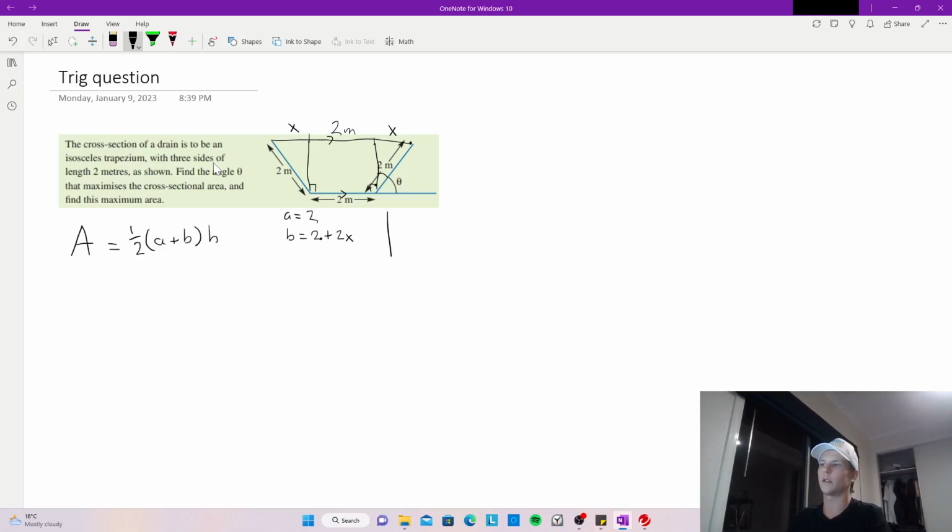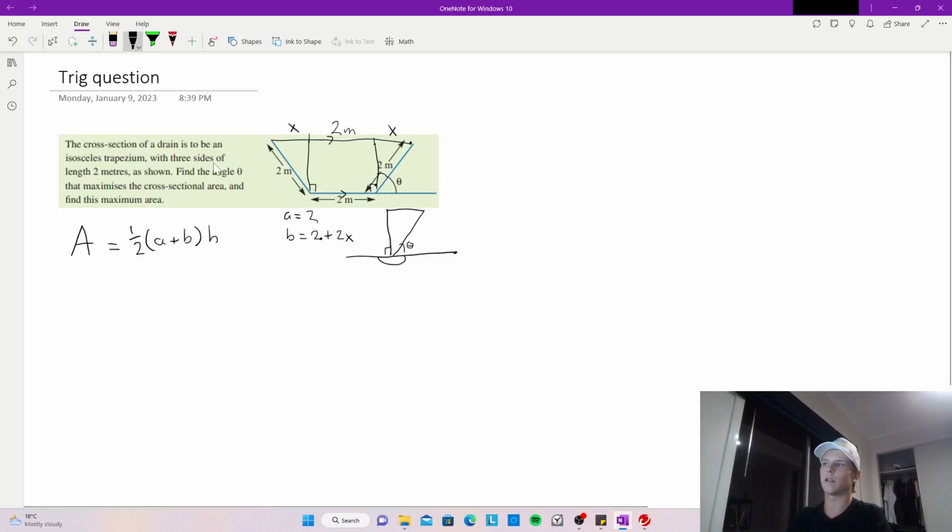Knowing that, I'll just redraw this triangle. This is theta, this is a right angle, and we've got a flat base here. So knowing that across this entire plane this is going to be 180, we can do a few things.